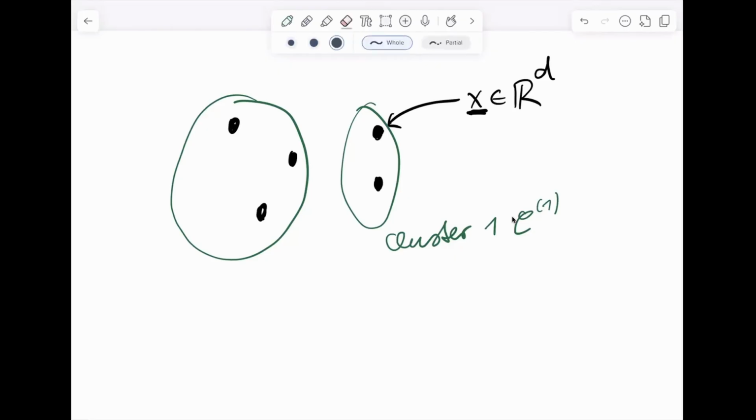Another representation is possible if we have numeric feature vectors, which is a cluster centroid. We could define the cluster centroid as the average of all feature vectors that belong to this cluster.